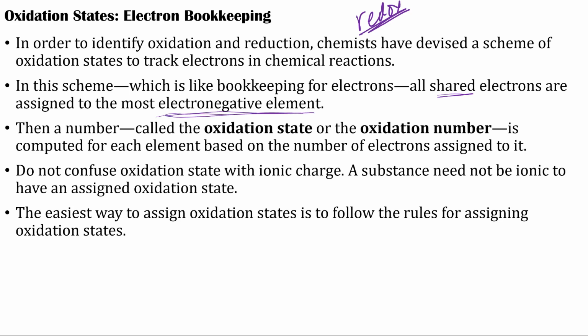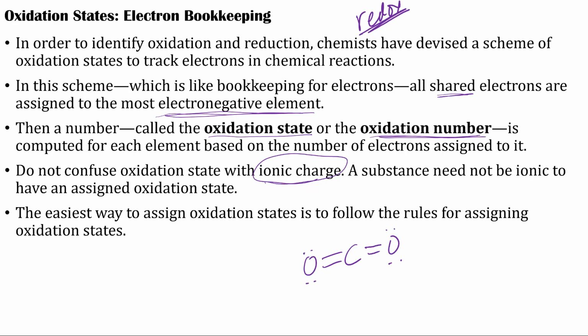And then a number called the oxidation state or the oxidation number is computed for each element, and don't confuse oxidation state with ionic charge. A substance doesn't have to be ionic for us to assign oxidation states to it. We can assign oxidation states to CO2, and that's not an ionic compound.